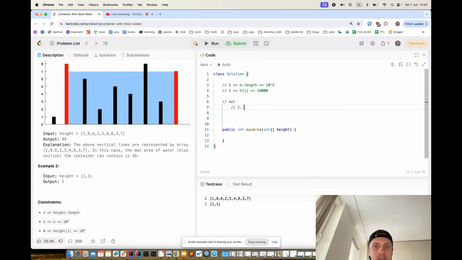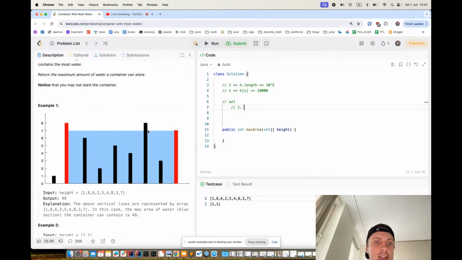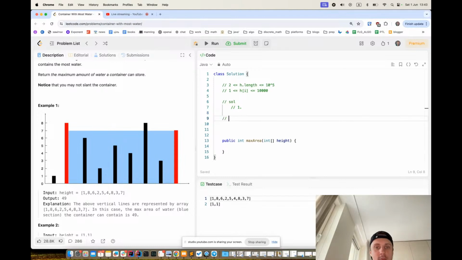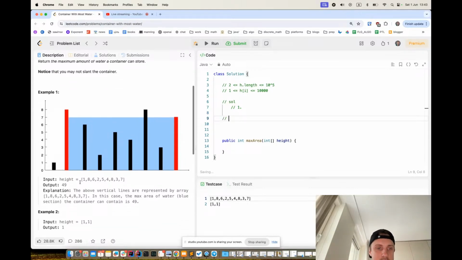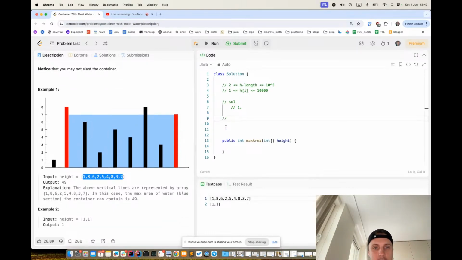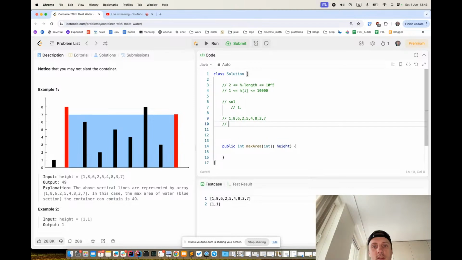So the first solution that I can see is that we can have 2 pointers from both sides. So let's say that we have this height, and we determine 2 pointers.